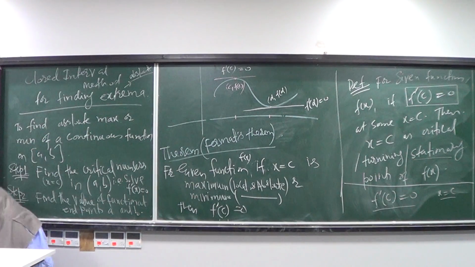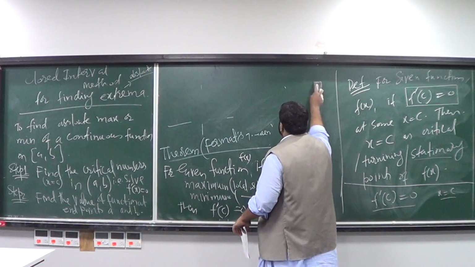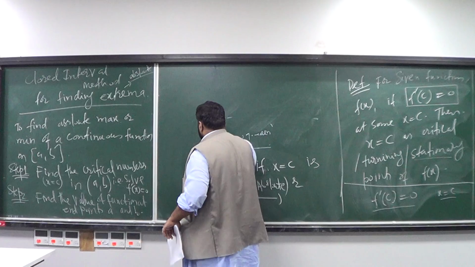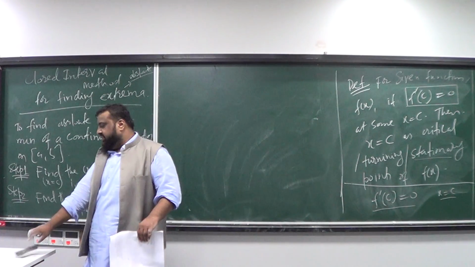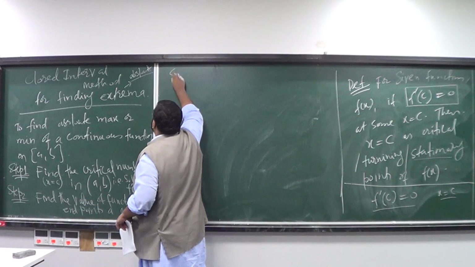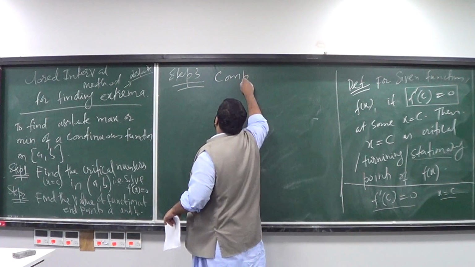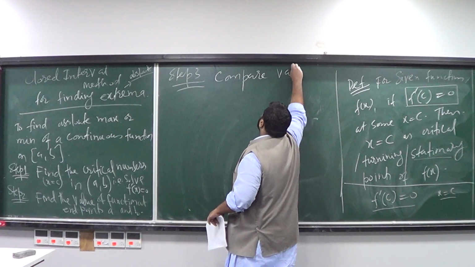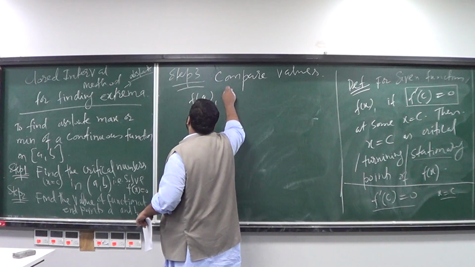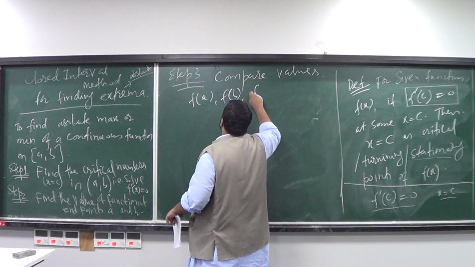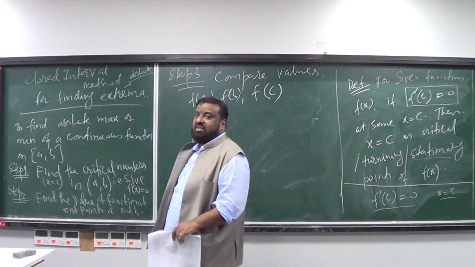And now compare the values. Step 3, compare values f of a, f of b and f of c, where c is the critical point that you found in the first step.